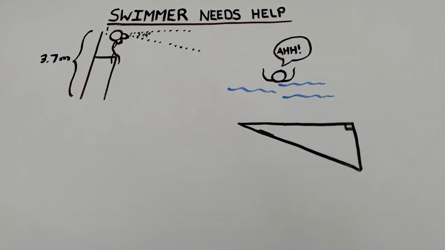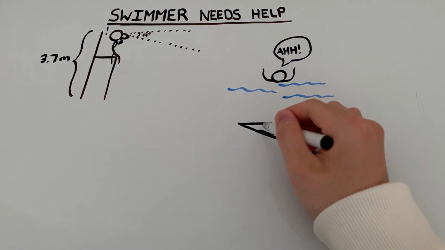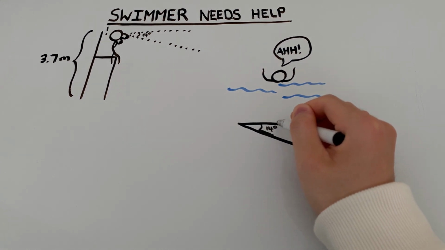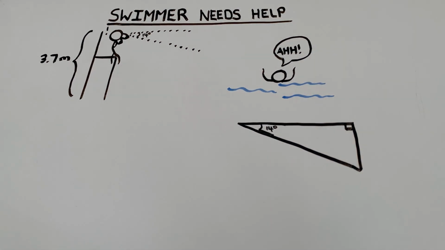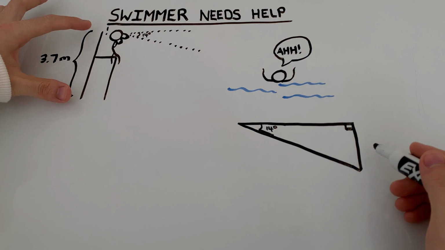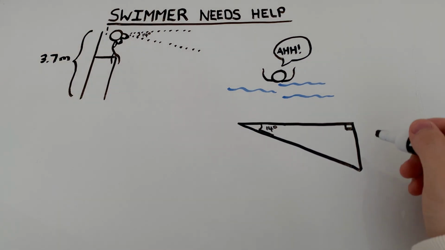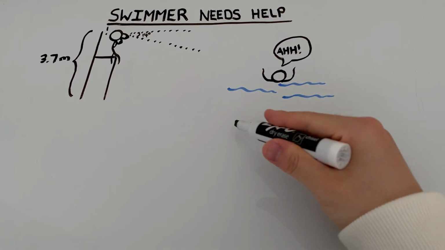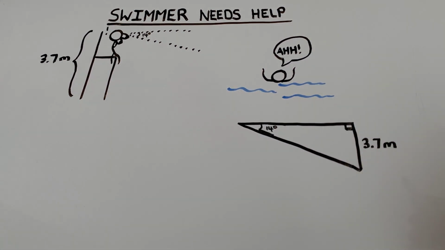The next step is to fill in our givens, so we know that this angle of depression is 14 degrees. We also know that this vertical distance is 3.7 meters. And we're trying to find this horizontal distance.